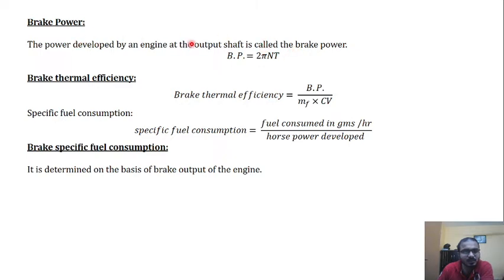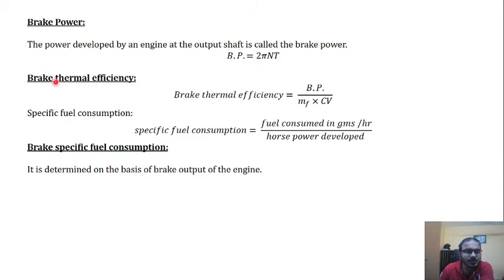So it is about the final power which is available at the output shaft, that is developed by the engine, and it is given by the standard formula: brake power is equal to 2 pi nt, where n is revolutions per second and t is torque in Newton meter. If the rotations are taken per minute, then we need to divide it by 60 to keep the units in normal kilowatt.